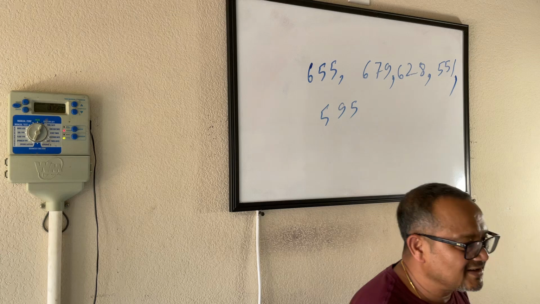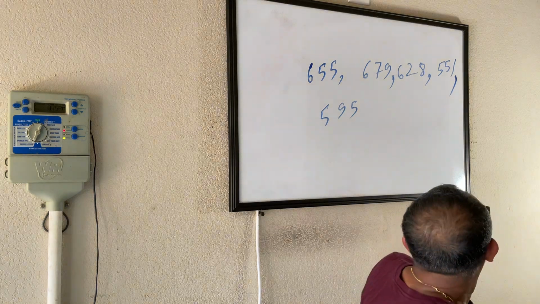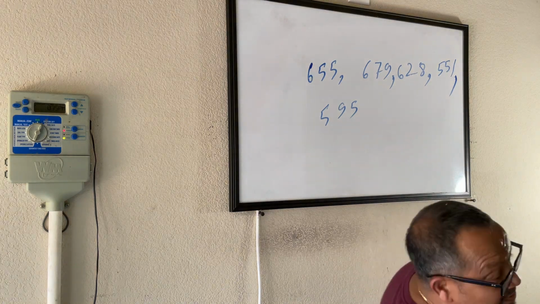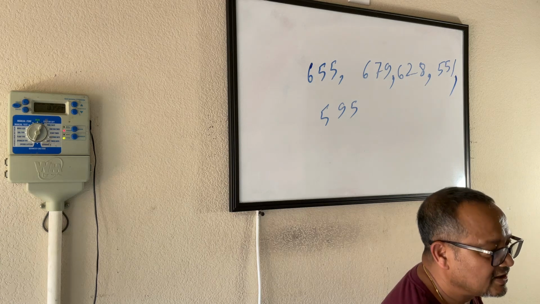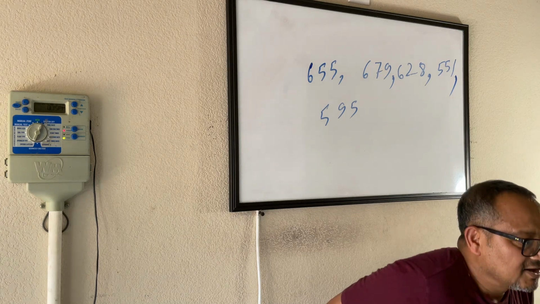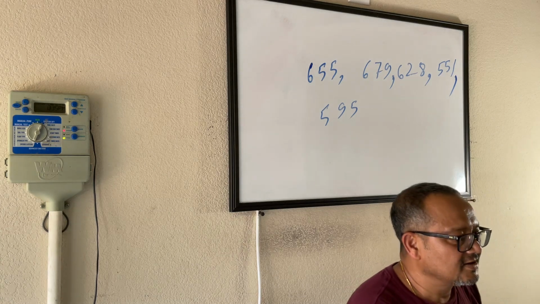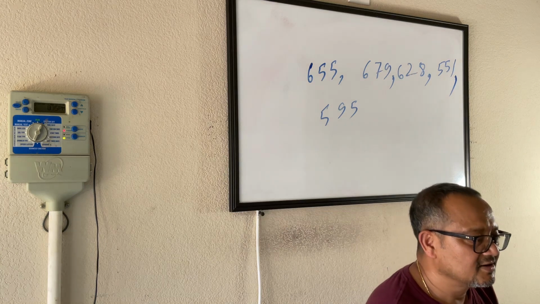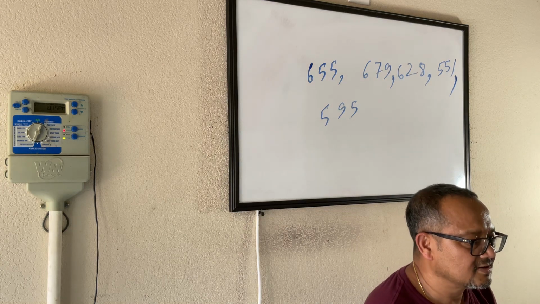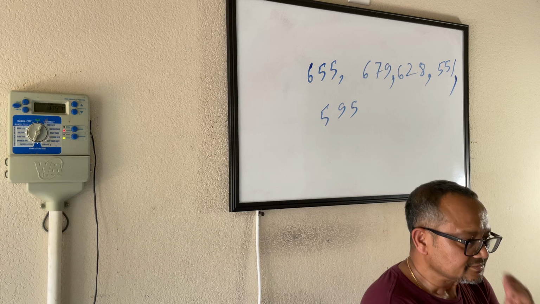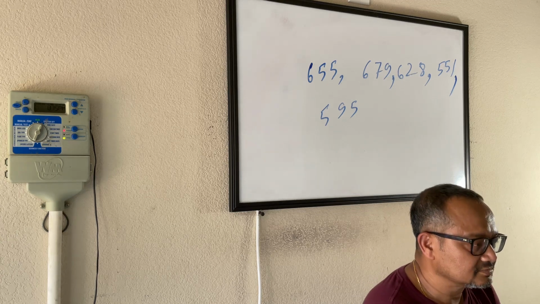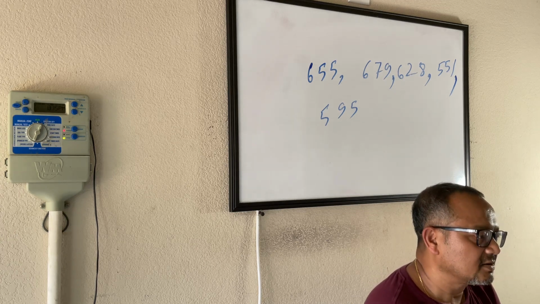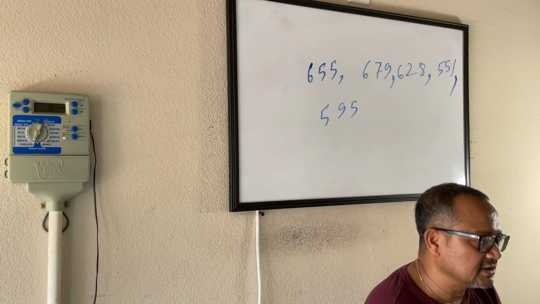So then I go 679. I'm saying smallest to largest. Oh, smallest to largest is 551, 595, 628, 655, and then the greatest number of all would be 679. Okay. Anahita, is that the answer too?